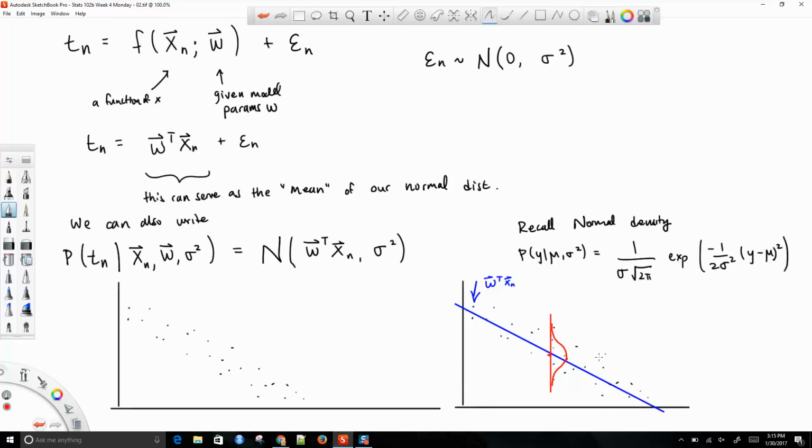There's another one like this, centered right there. So all of these are normal with this mean and standard deviation, or variance, sigma squared. And that's kind of the idea.